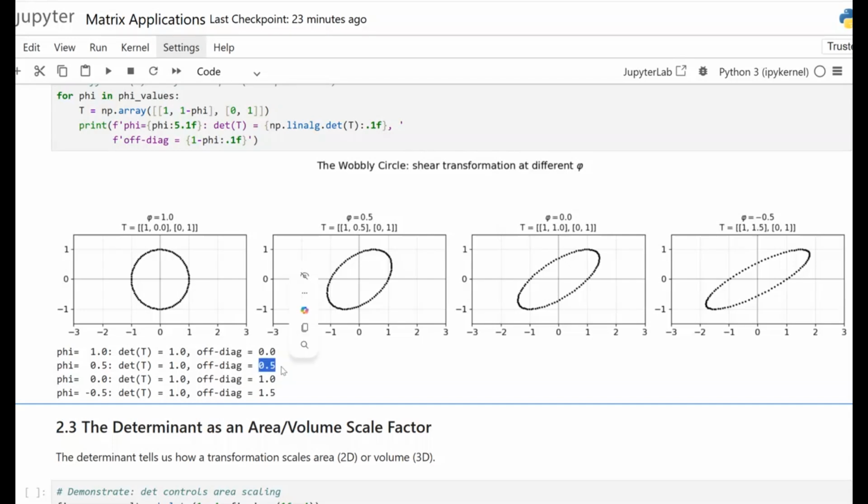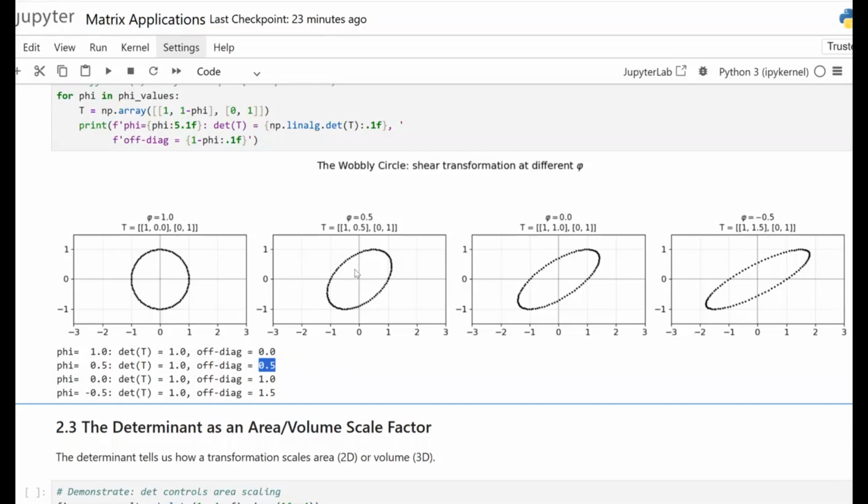That is, the upper half of the circle is pushed to the right side, and the lower half is pushed to the left side. So our frame has a determinant of T equal to 1, meaning the area is preserved even though the shape changes.